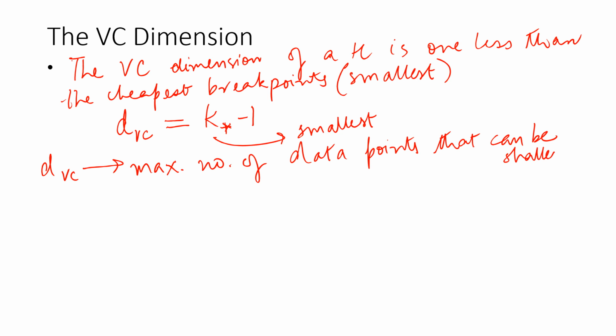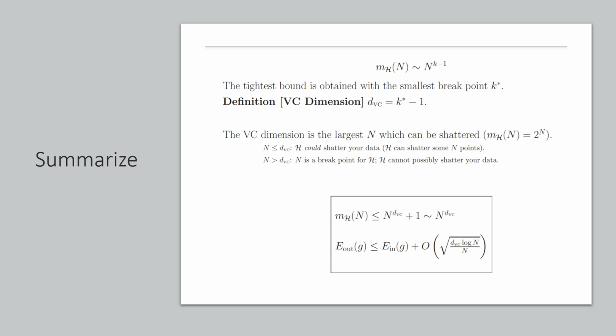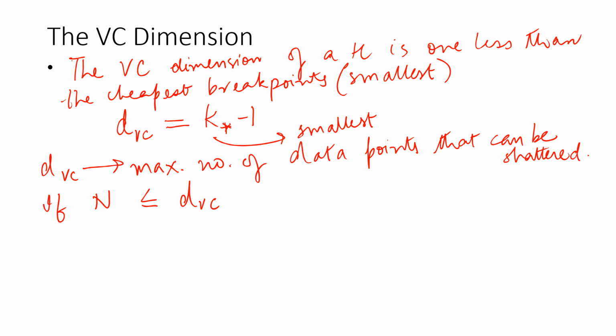So why is this important? If you think about it, if my n, the number of data points, is less than or equal to my VC dimension, that means H can shatter my data. This is what this means.